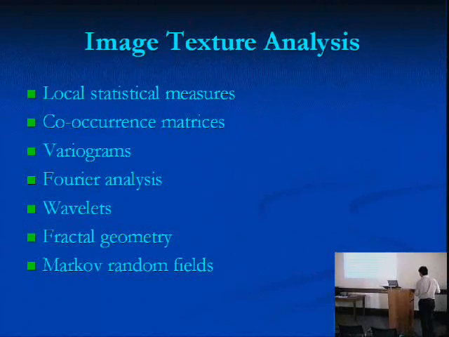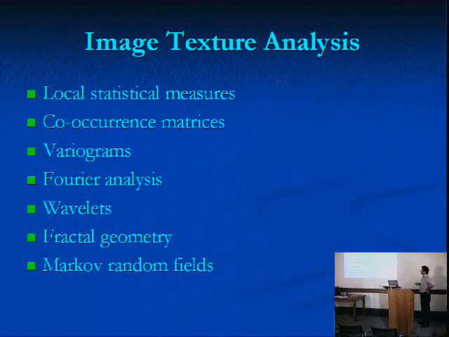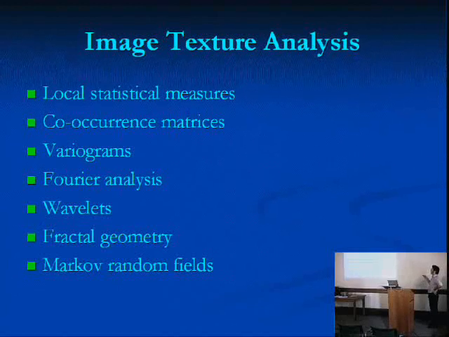Traditionally, things like temperature or other non-image characteristics vary linearly with distance over a region. But they've also been adapted for trying to understand how pixel values vary.